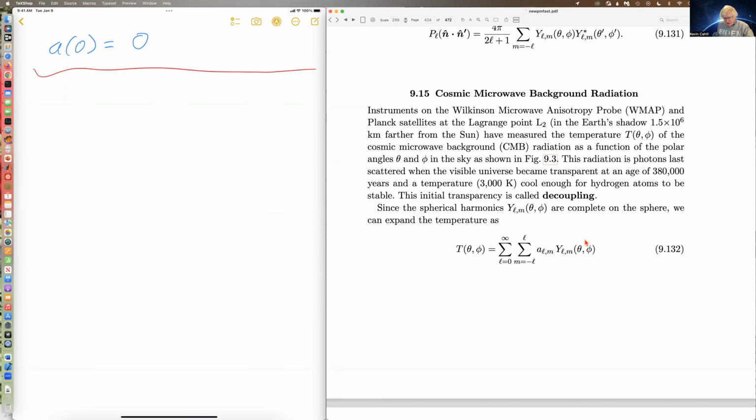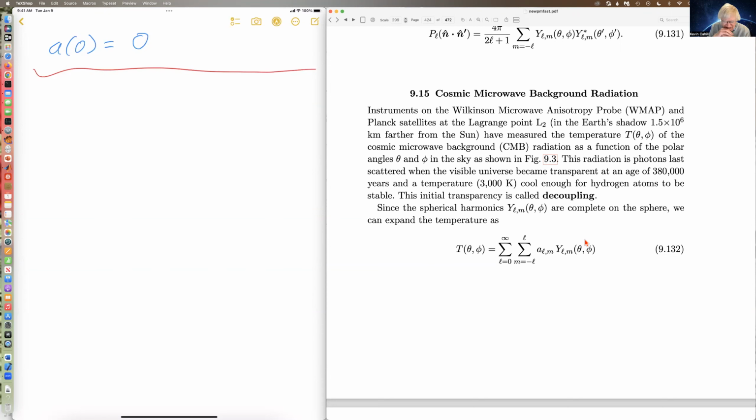So if a hydrogen atom was stable for a second, it would absorb a photon and be ionized by the photon. So the photons were constantly ionizing or scattering off the charges. And the plasma was made up, as I said, of electrons and protons, essentially, and helium atoms.